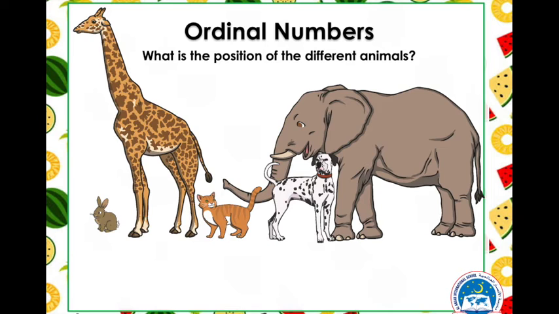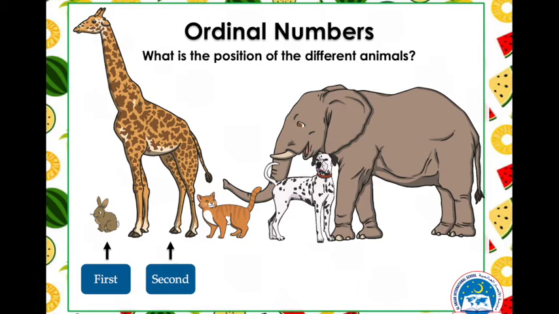Now let's look at the position of the animals. Which animal is first? Yes, the rabbit is first. What position is the giraffe? If you've guessed that the giraffe is second, wow, you are a star. What position is the cat?